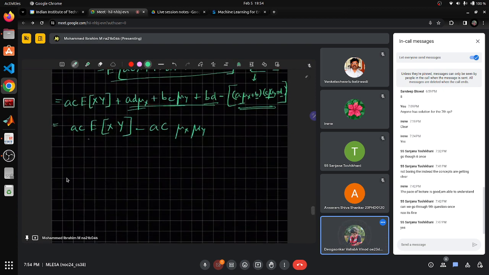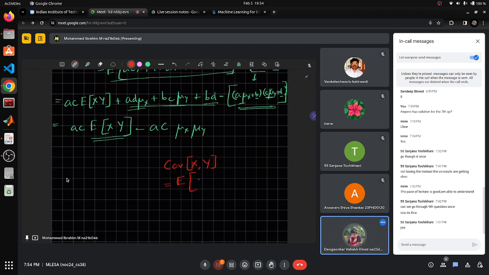So to calculate this part, you actually need to apply the covariance rule that we saw before. So we said that covariance of x comma y can also be written as, so this had two ways of writing it.